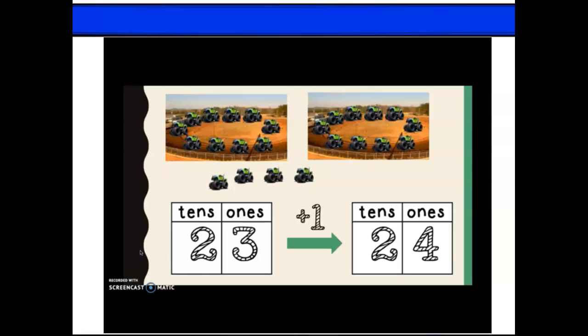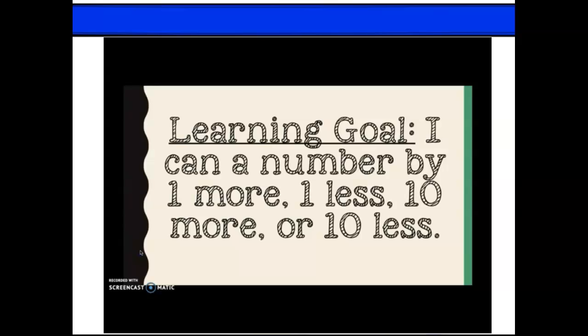Because my groups of 10s didn't change at all. But my groups of 1s totally did. I went from having just 3 1s to 4 1s. You know what? I didn't even think about it, but this is going to be really helpful because our learning goal for today says that I can change a number by 1 more, 1 less, 10 more, or 10 less.